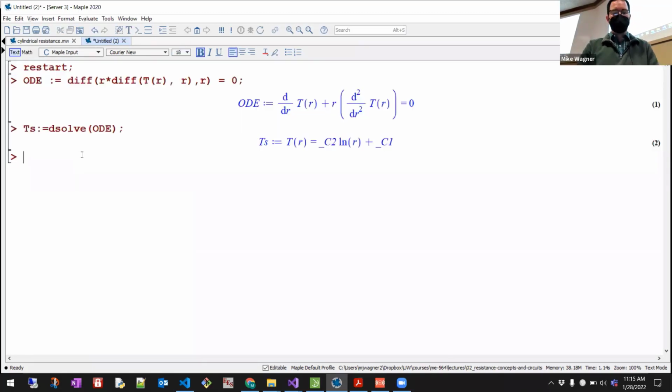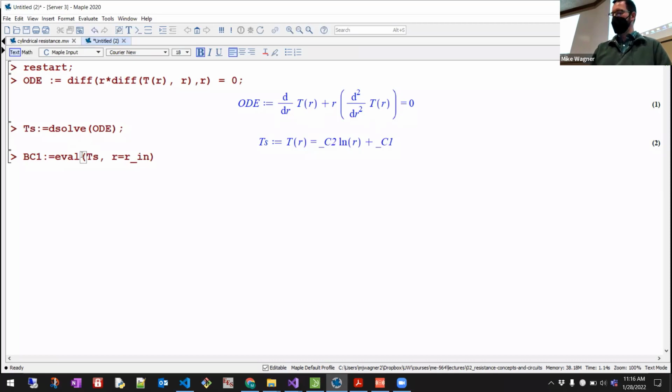The first boundary condition, we'll call this BC1. We're going to evaluate this expression using the function eval. Eval works like this. We say eval. We're going to evaluate the expression TS, the thing we called TS, at some value of r. So we'd say at r equals Rn.